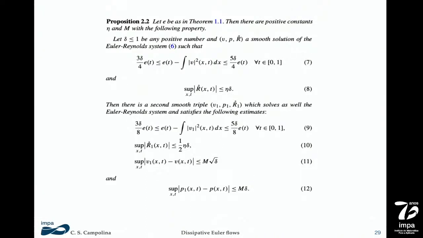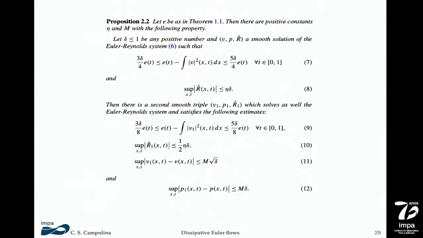And also the supremum of the Reynolds stress satisfies this bound by delta. So this proposition asserts that if we have such a triple, then we can construct a second triple, v1, p1, r1, which satisfies all the same things, but with delta over 2.